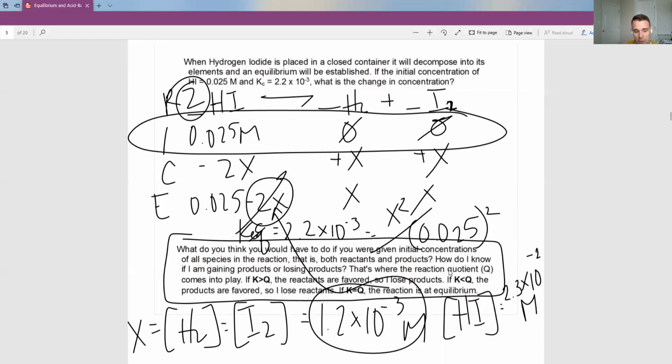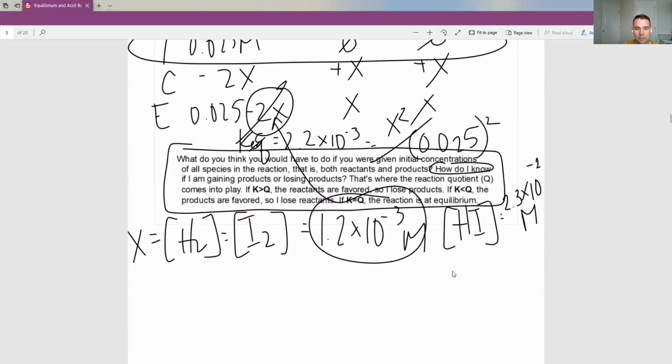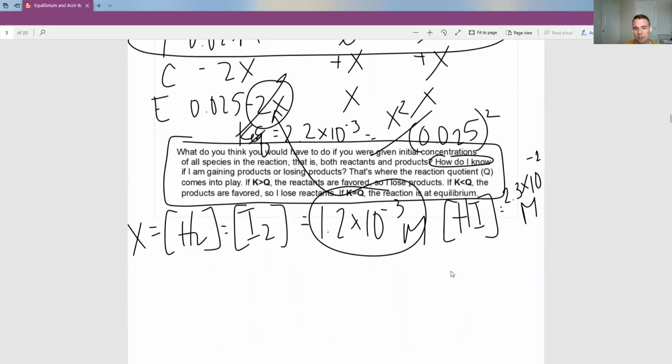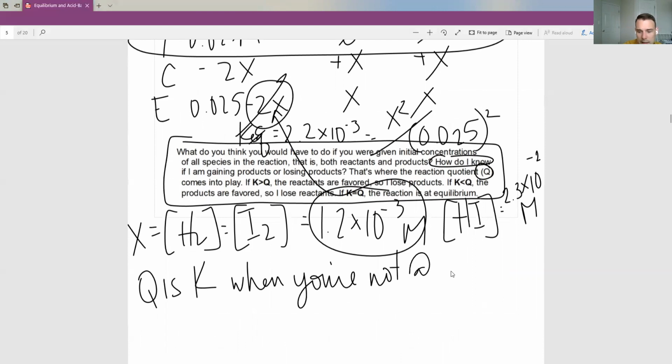Sometimes you have both. So if you have both, how do you know if I'm gaining or losing products or gaining or losing reactants? So what you need to do is set up a Q. Q is K when you're not at equilibrium.